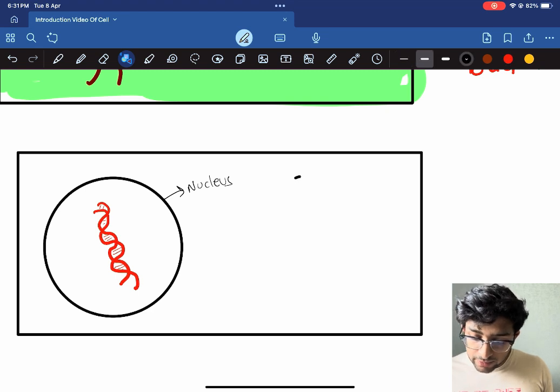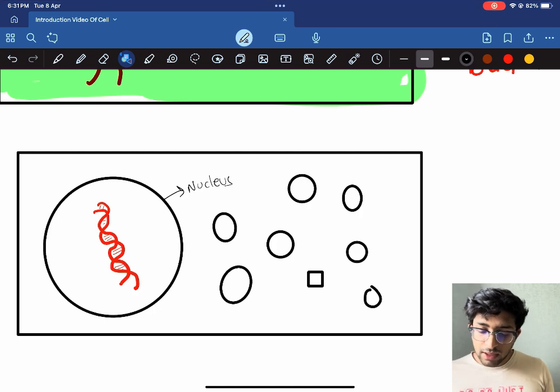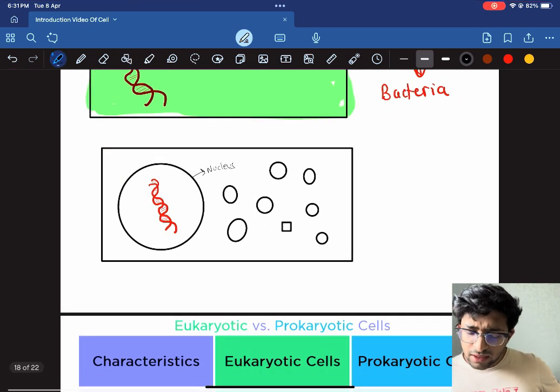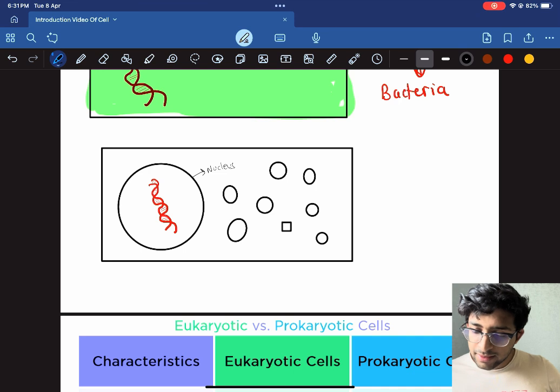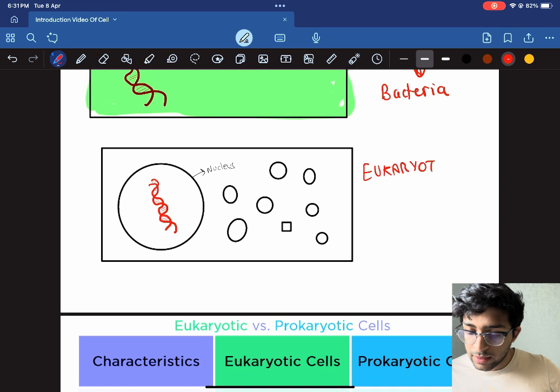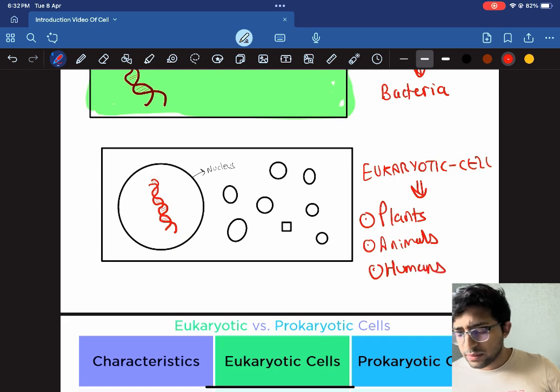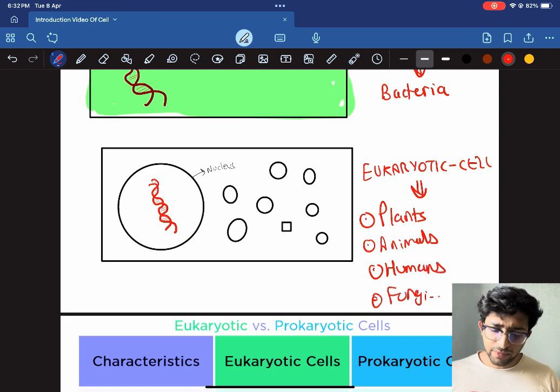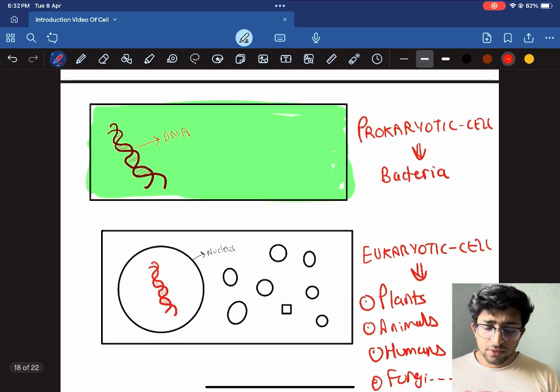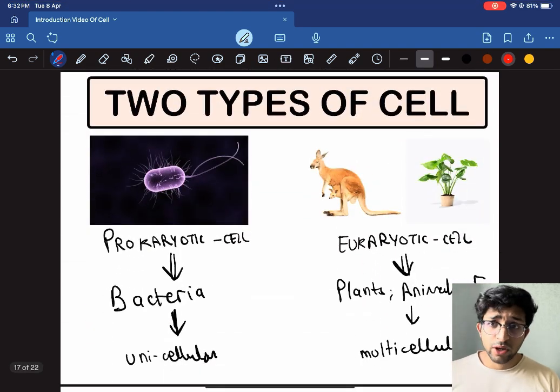These are the small organelles, and it's a complex-looking cell. This is a eukaryotic cell, and we find it in plants, animals, humans, fungus, etc. Right? So this was the basic difference between the two types of cells, prokaryotic and eukaryotic.